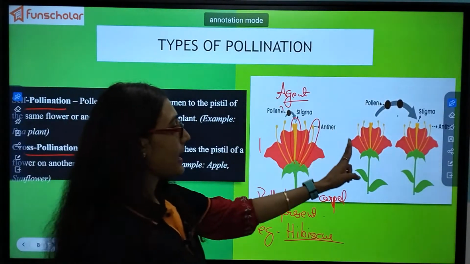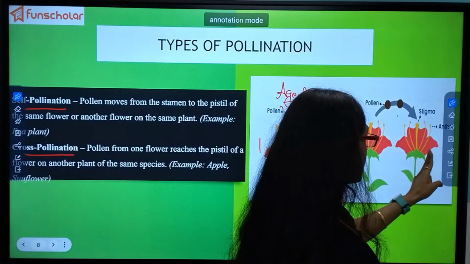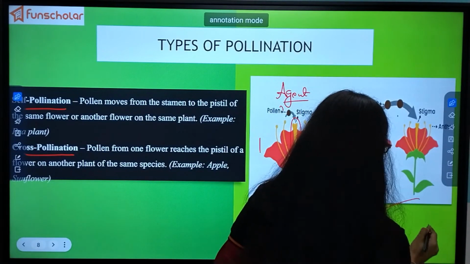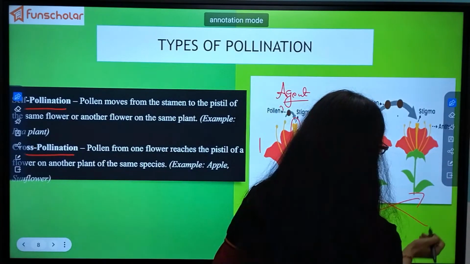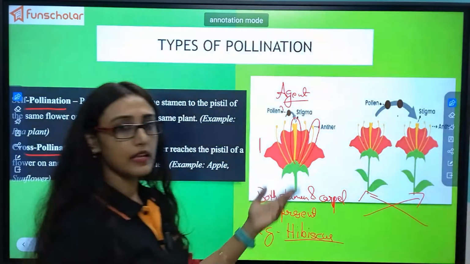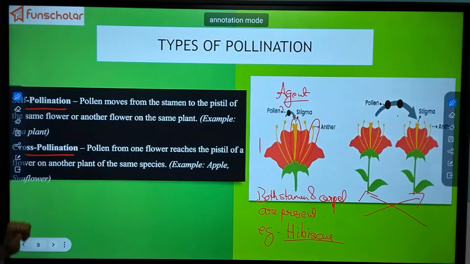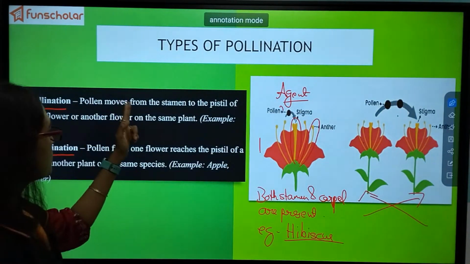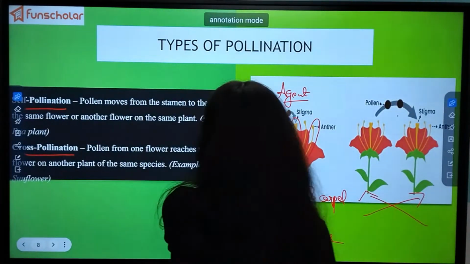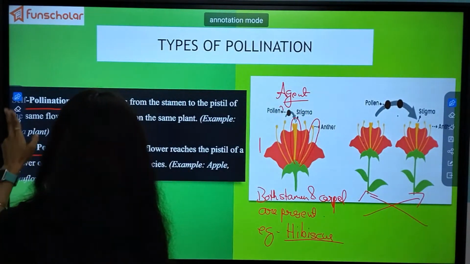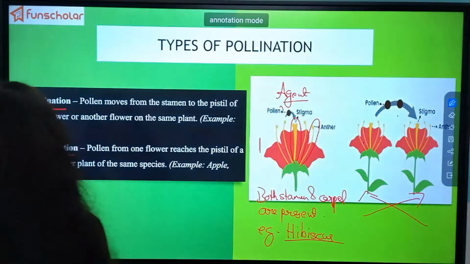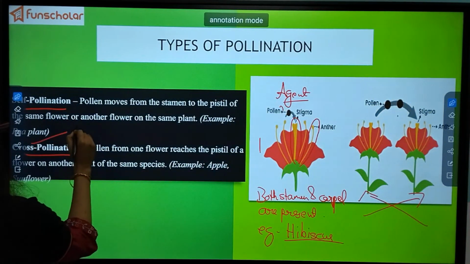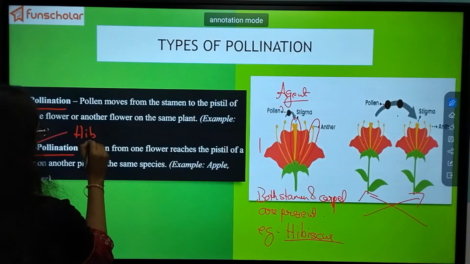But when it happens between two different flowers, being crossed from this flower to this flower, then it is known as cross-pollination. In self-pollination, pollen moves from the stamen to the pistil of the same flower or another flower on the same plant. That is the pea plant. Also write hibiscus.